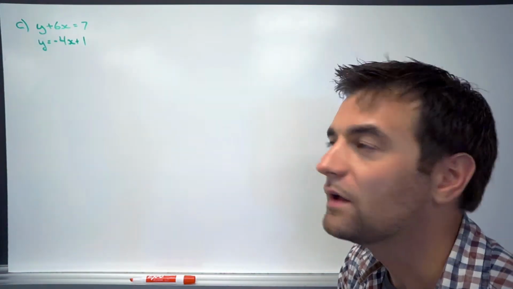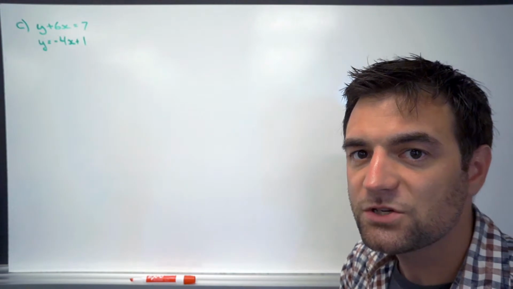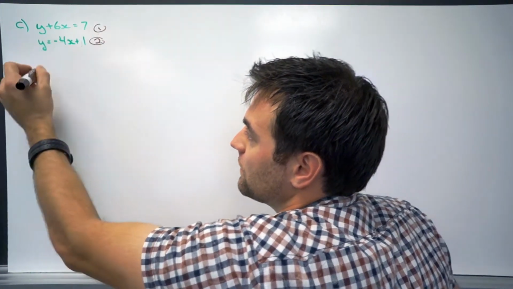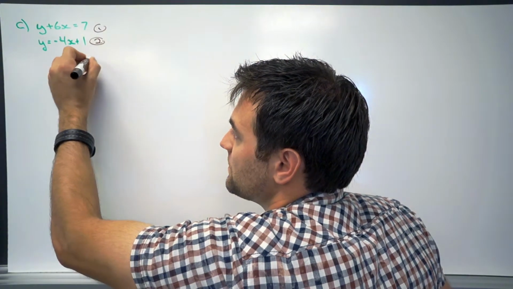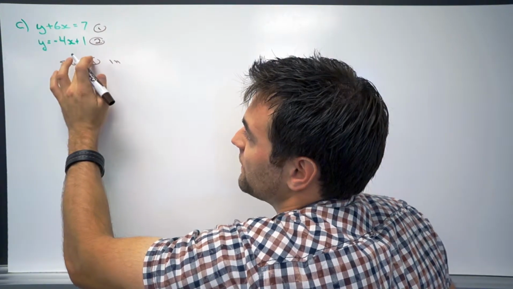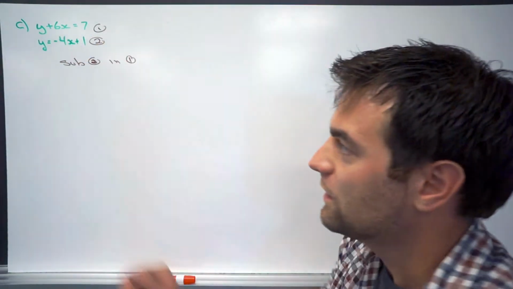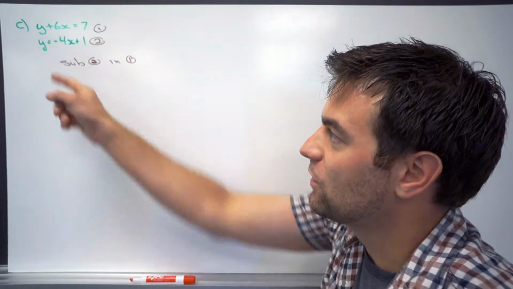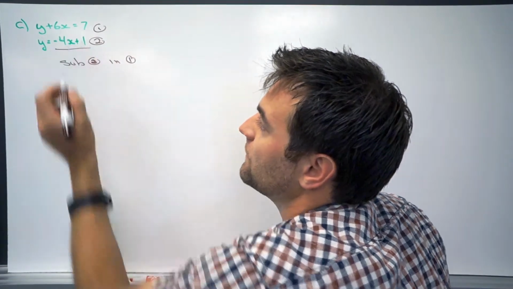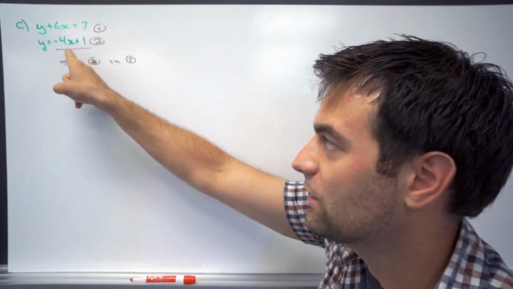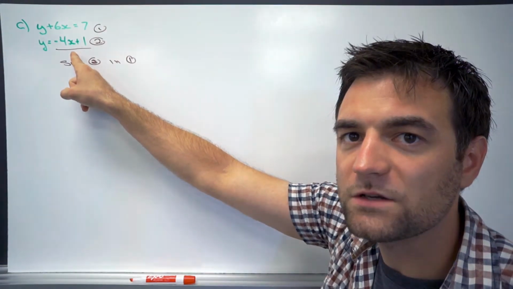A little bit different, but the same procedure is followed. I'm going to name these 1 and 2, and I'm going to sub equation 2 into equation 1. I know y is equal to negative 4x plus 1.